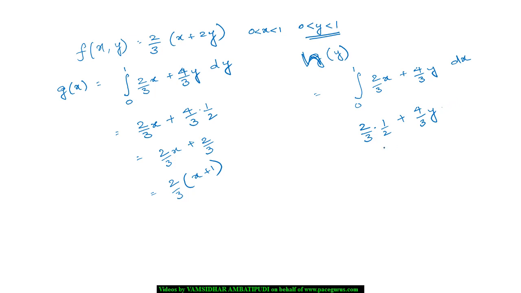So you could see 1 by 3 plus 4 by 3y. Right? So it comes out as 1 by 3 times 1 plus 4y. This is the marginal density function of y, and the earlier one is the marginal density function with respect to x. So in this way we can find the marginal density functions based on the joint probability density function.